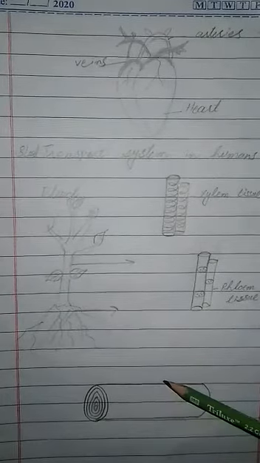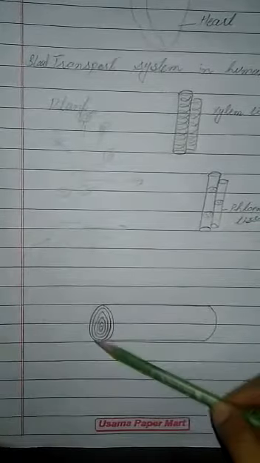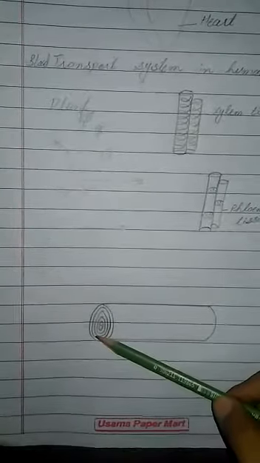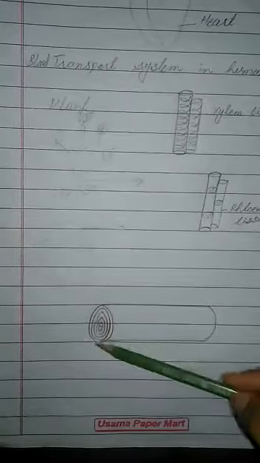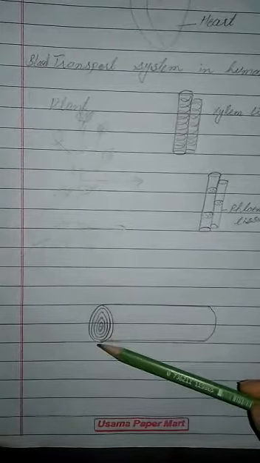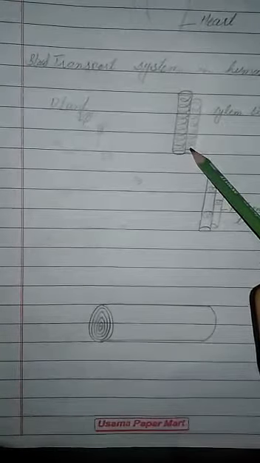So, students, when we cut wood, we see some rings in the wood. These rings show xylem tissues, and these are dead tissues. By counting the number of rings, we can count the age of the tree. So, this is the function of xylem tissues.